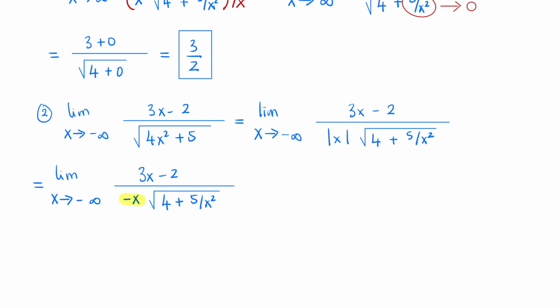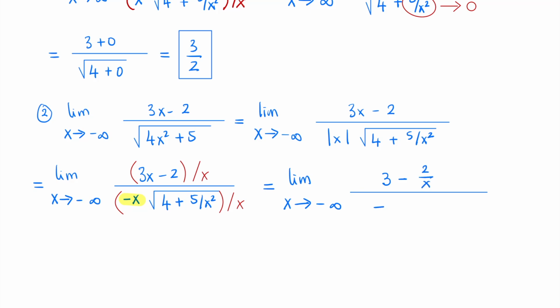Now simplifying again, divide top and bottom by x. So I have the limit as x approaches negative infinity of 3 minus 2 over x over negative square root of 4 plus 5 over x squared.